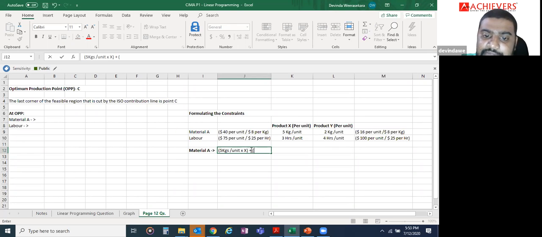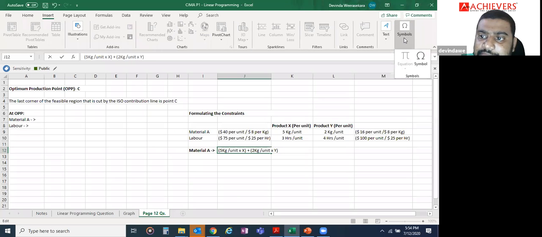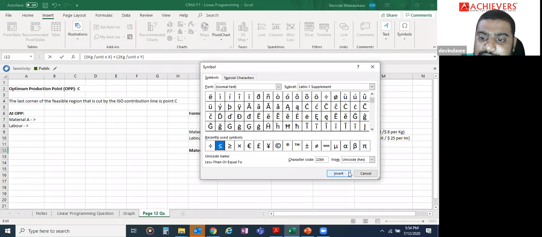Plus, to produce 1 unit of Y, how many kilos of material A do we need? 2 kilos per unit, multiplied by how many units of Y? We don't know until we get the optimum plan. So the amount of material A required for product X plus the amount required for product Y should be less than or equal to how much?